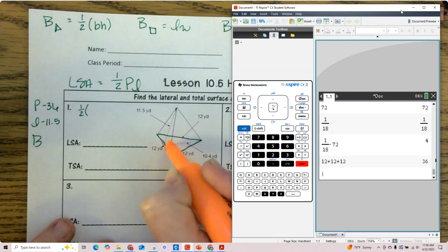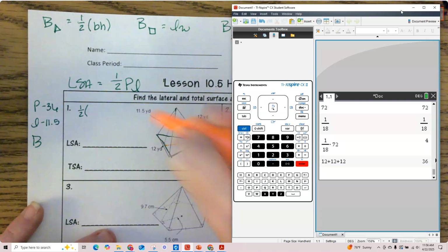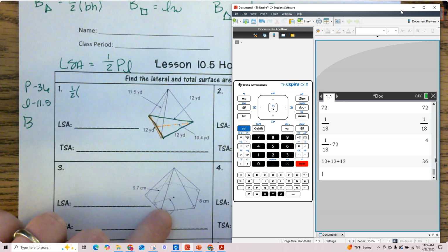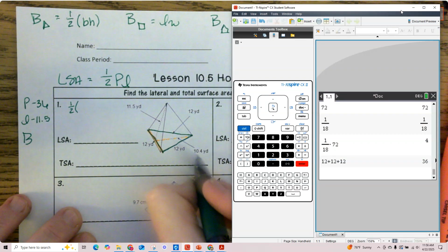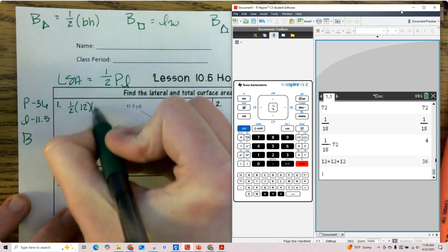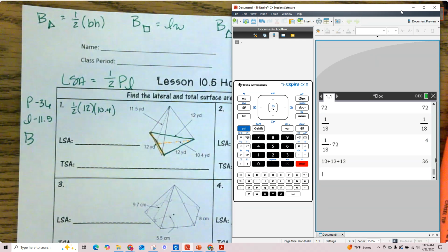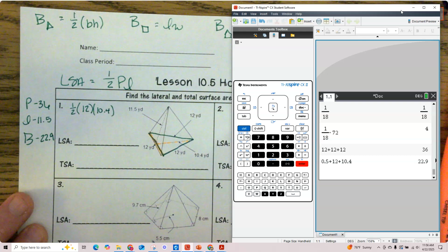The height is the dashed line that's drawn on that base triangle. And then the one it's perpendicular with, so you can see on some of these it's got that little right angle drawn in there. It's the two sides that make the right angle. That's your base and your height. So we've got the base is going to be 12, and then the height of that one is going to be 10.4. So my big B is 22.9.